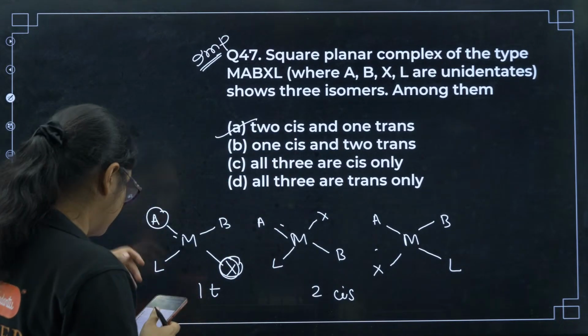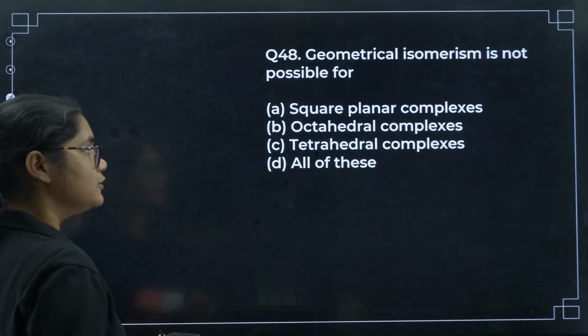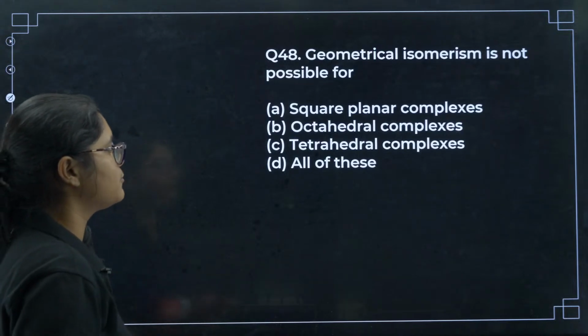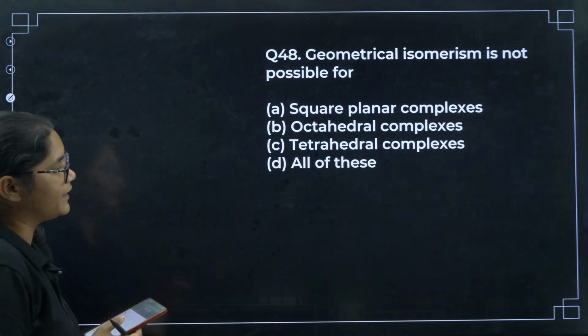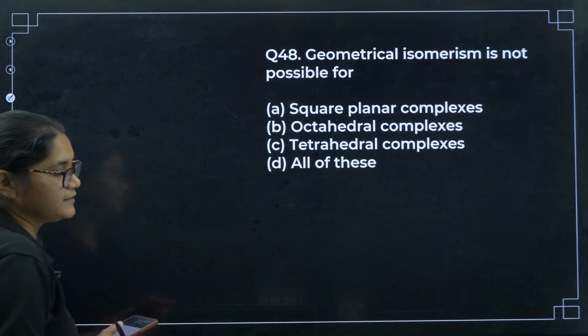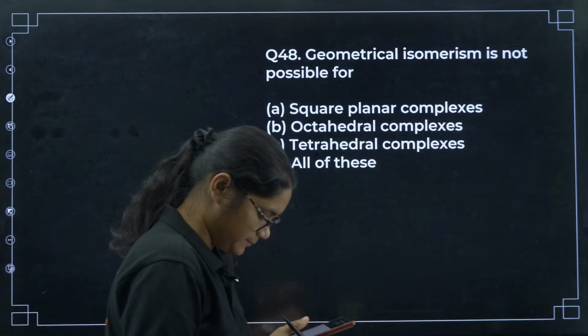Yes. Next, question number 48. Geometrical isomers is not possible for square planar complexes, octahedral complexes, tetrahedral complexes or all of these.